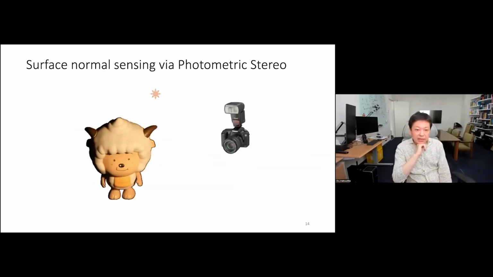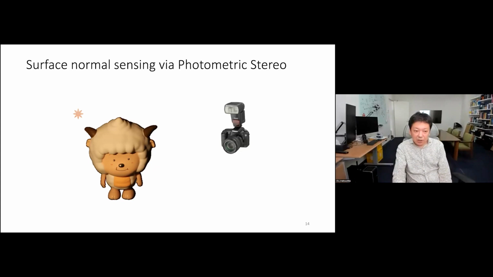Now, let us take a closer look at photometric stereo. The setting is like this. We fix a camera and a target object and take a photograph under some illumination. Then we only move the illumination and take another photograph. You can observe that the shading varies because the incoming light direction changes.